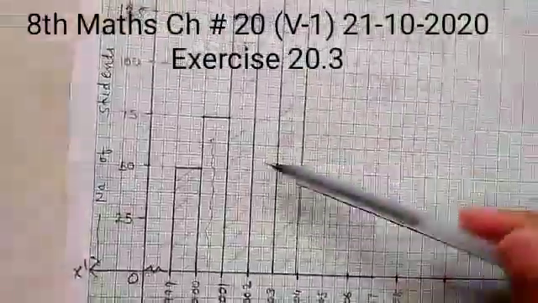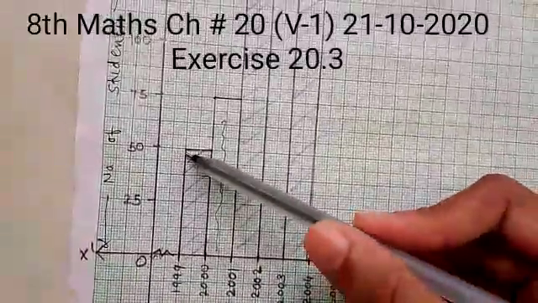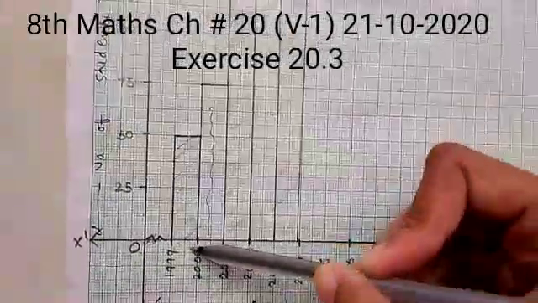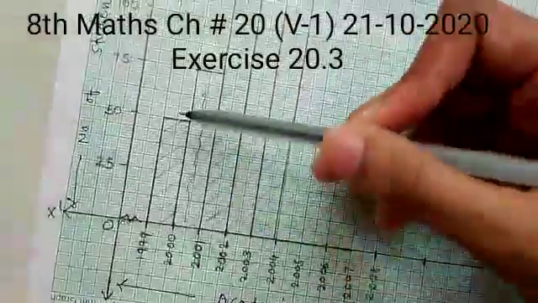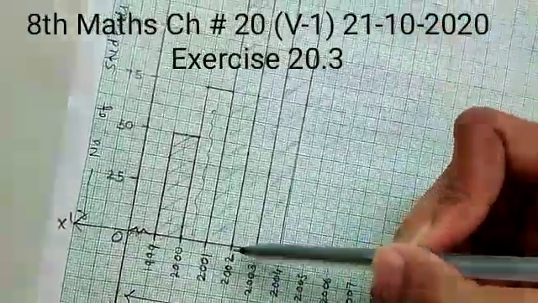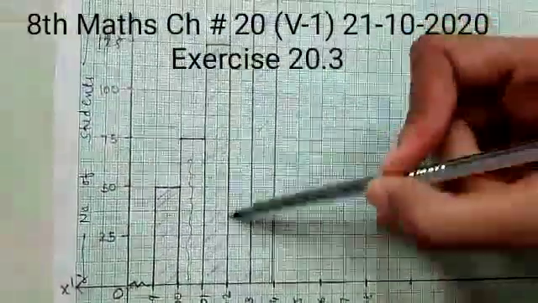Now first we have to represent 1999-2000. It is given as 50. So draw a bar, a rectangle in shape. Now 2000 to 2001 is given as 75. So draw a bar like this. Now 2001 to 2002 is given as 125, so you have to draw this rectangle up to 125.